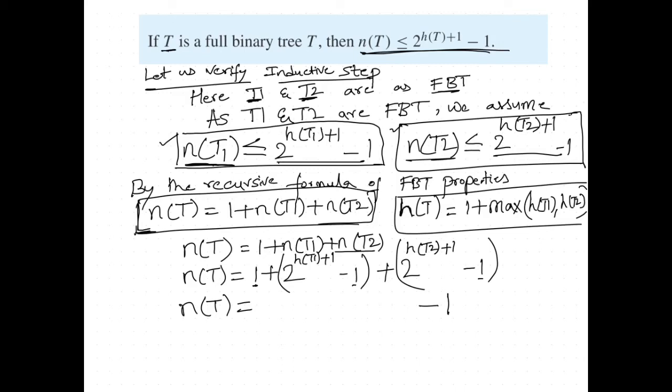Now here, how many terms are there? 1, 2. These two terms I want to write now: 2 to the power of h of T1 plus 1 plus 2 to the power of h of T2 plus 1, right?